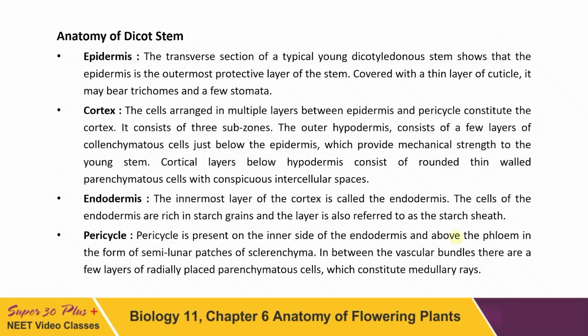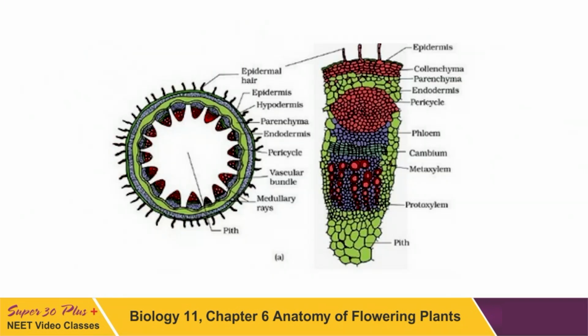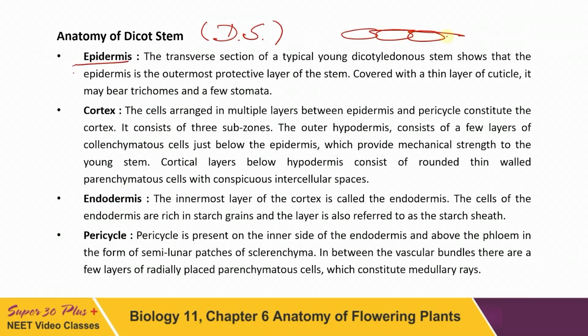We have to see now the anatomy of dicot stem. Yes, dicot stem. We can write it, anatomy of dicot stem. Then we have to compare it with monocot stem also. Epidermis: when we discussed the epidermal tissue system, I told you that in dicot stem these are the epidermal cells.